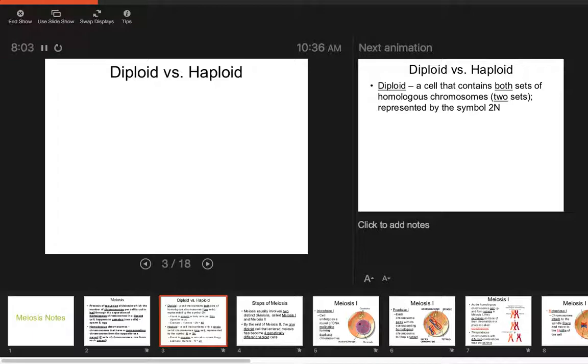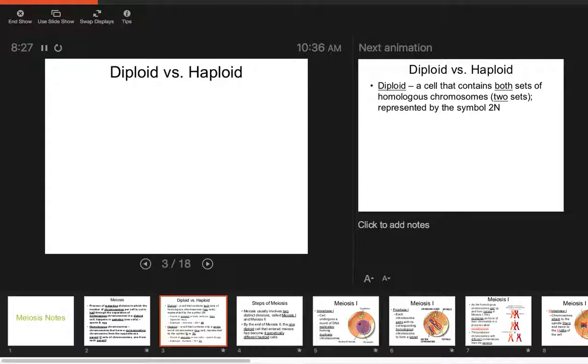Now, why is this important to meiosis? Because the goal of meiosis is to make haploid cells. We want to make gametes, cells that have half the number of chromosomes, so when the egg and sperm meet up, bam, that first zygote, that first cell of the baby, has 46.